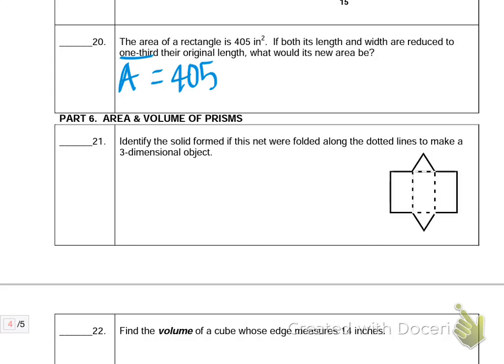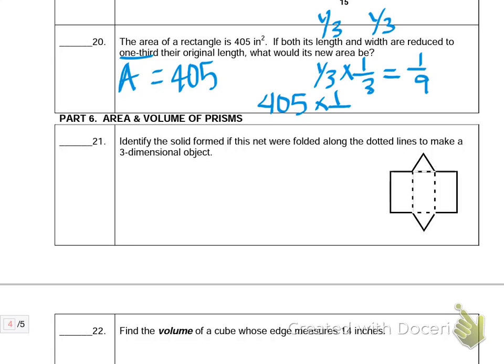So when we were doing this with the volume, 1/3, so the length is 1/3 and the width is 1/3. So what we're doing is that we're going to multiply our changes. So 1/3 times 1/3 are our changes. We multiply those two together, we get 1/9. And then we multiply our original area, which is 405, times our change. And that will give us my new area.